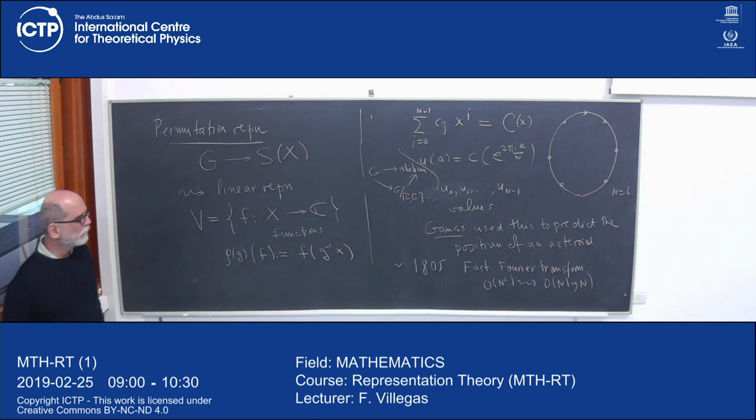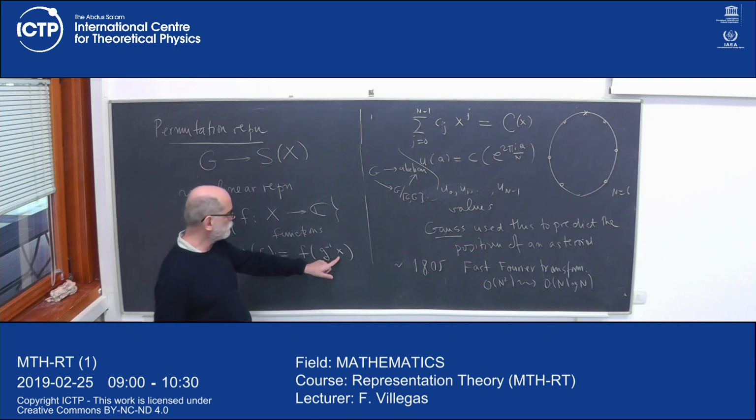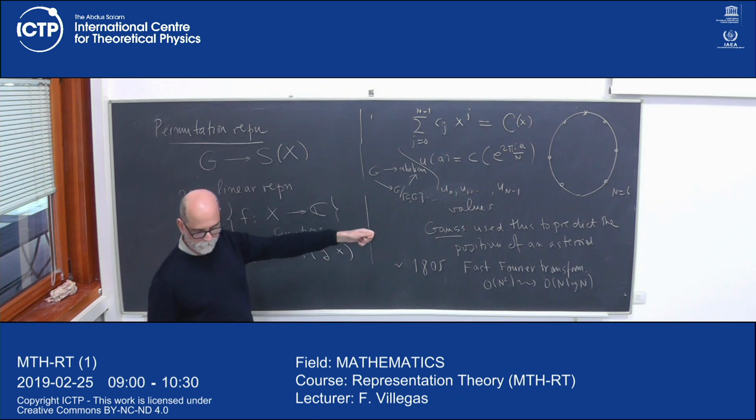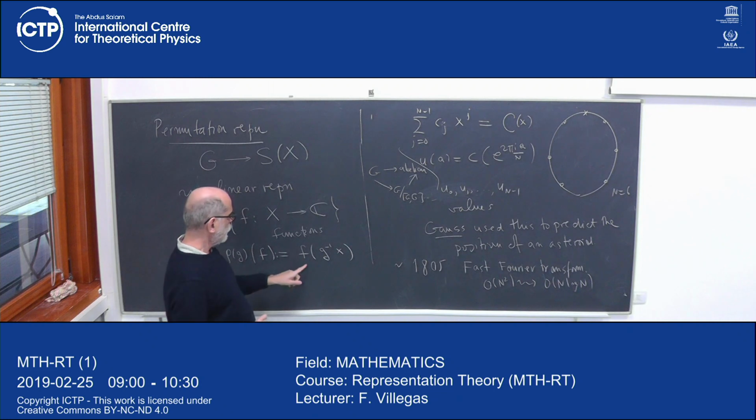So x is an element of my set, and G acts on the set, so it makes sense to say what G inverse of x is, whatever G inverse takes x to. It moves the x's around. So this is meaningful, and f is a function of my set X, so this is certainly a well-defined thing.